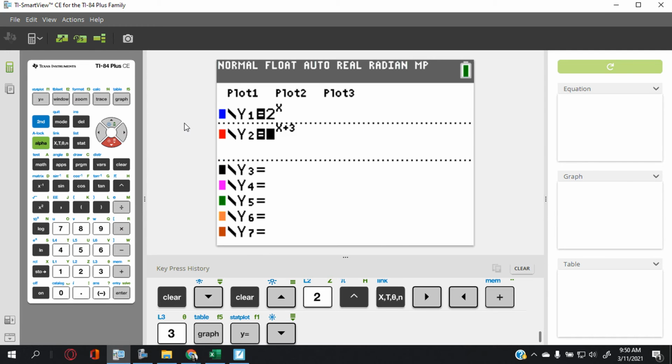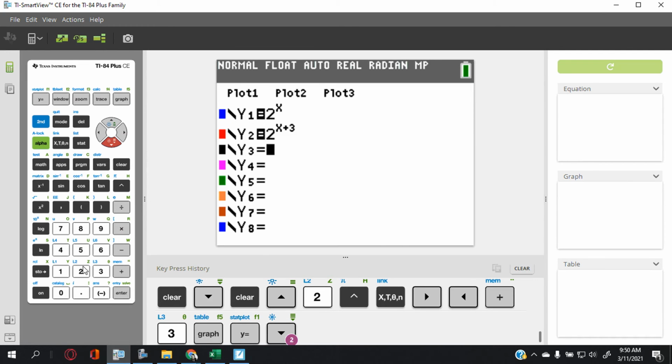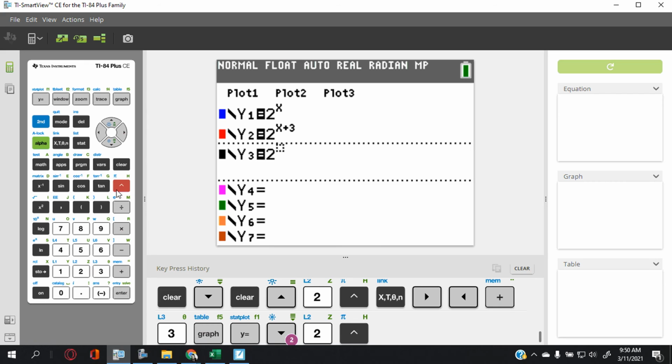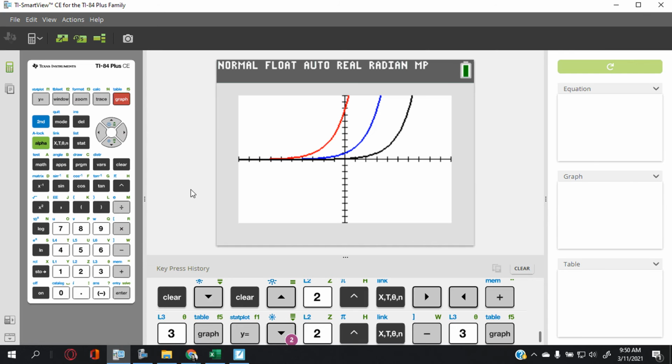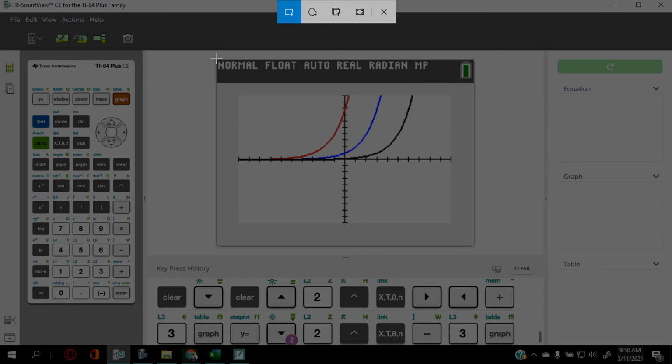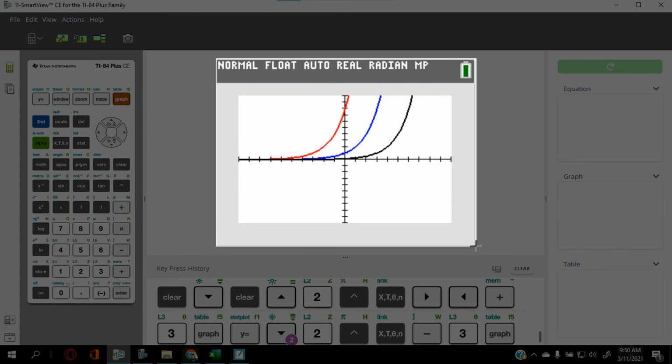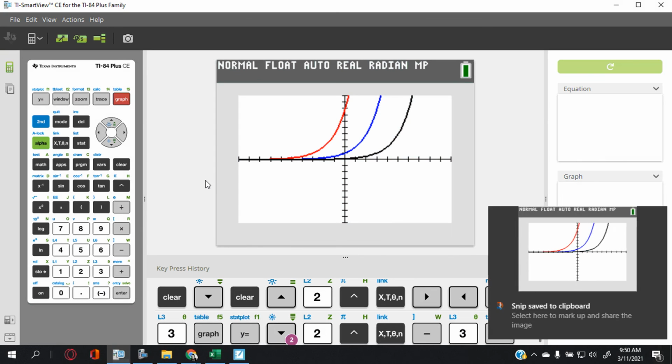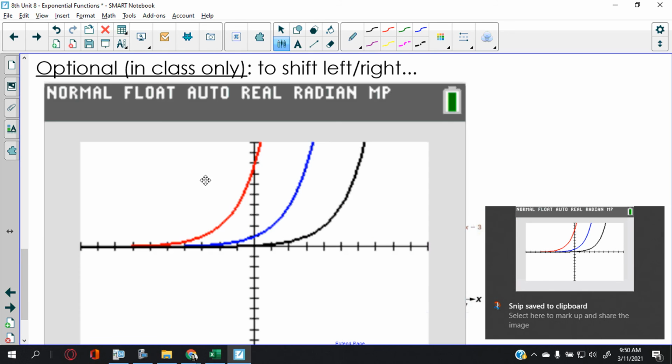Watch this. If I add 2 to the x power minus 3, like this. Okay? So let's graph that. Let me take a picture of this. I'm just going to replace this.